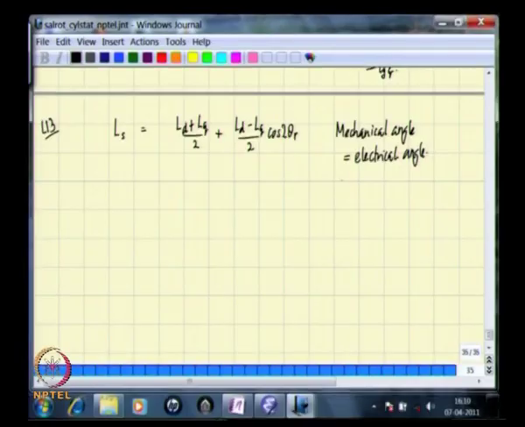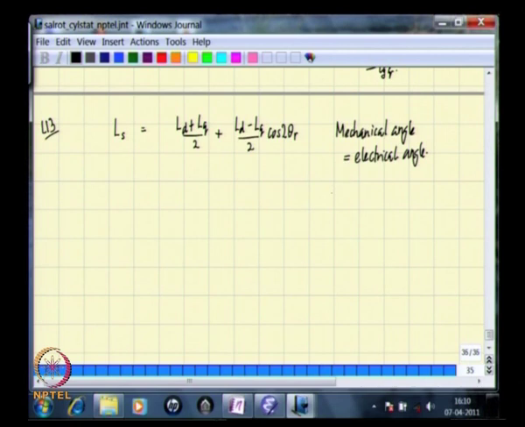the angular distance over which the flux changes by 180 degrees of its electrical variation, right.